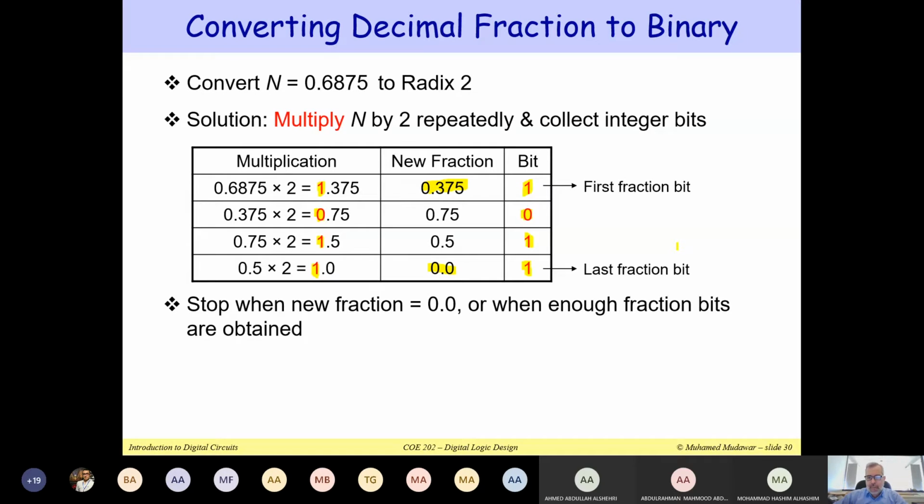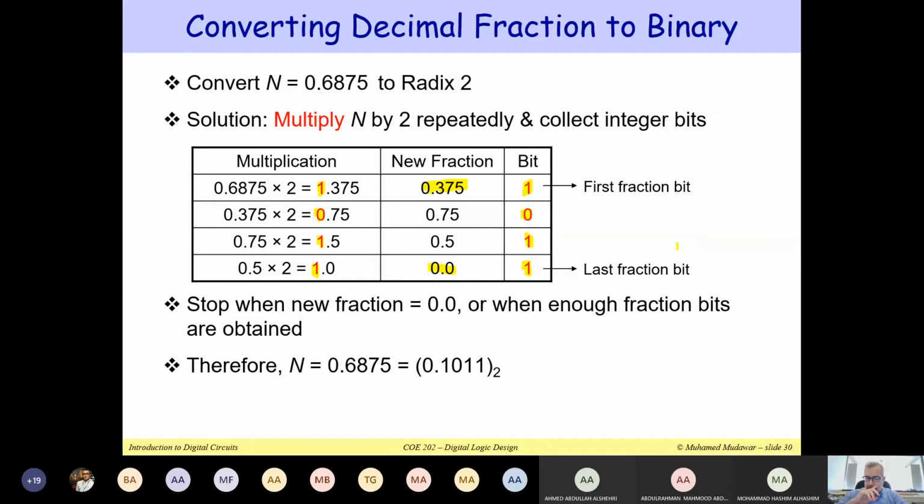So we stop when we have enough fraction bits. Sometimes I only need, let us say, 10 fraction bits or 20 fraction bits. So there is no need to continue forever. There are examples in which this conversion procedure does not end. So you terminate when you have sufficient fraction bits.